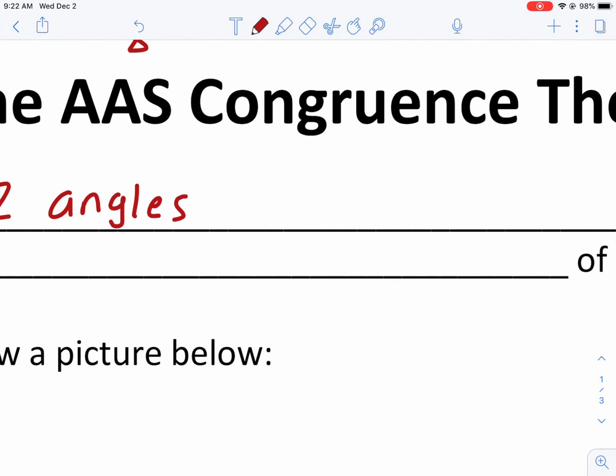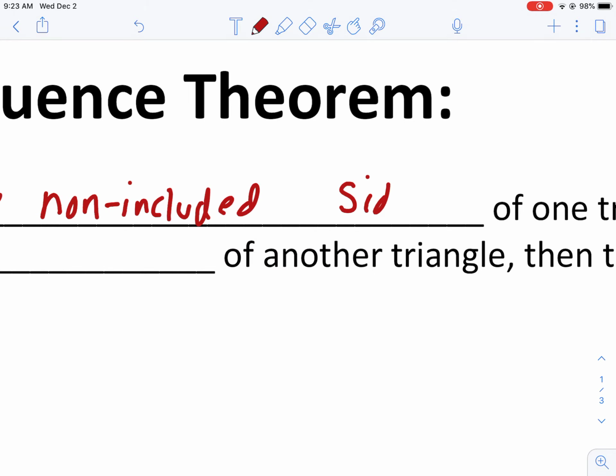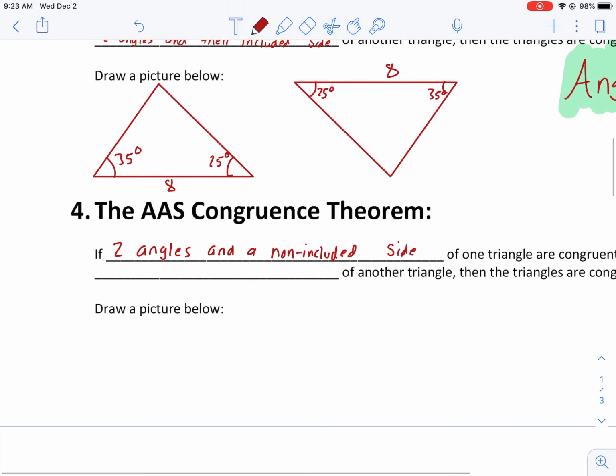So I have 2 angles and a non-included side of one triangle are congruent to 2 angles and a non-included side of another triangle.